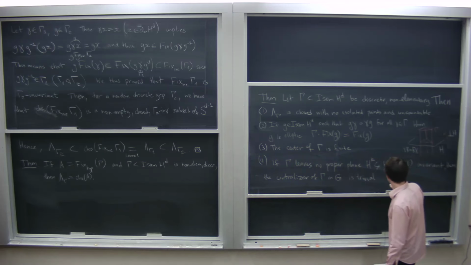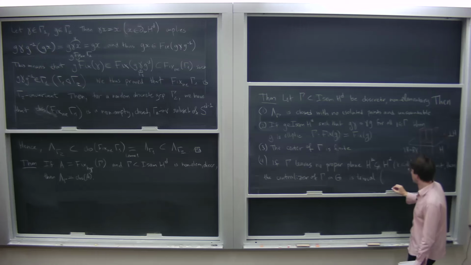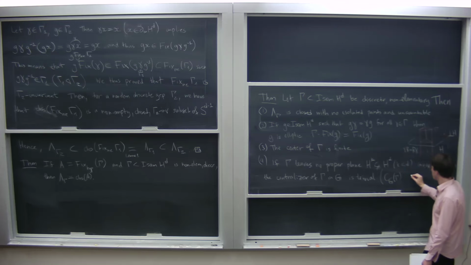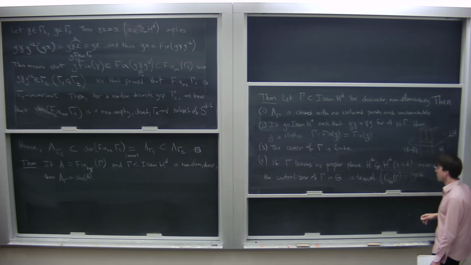I actually forgot a good notation. Probably I will write here C sub G of gamma, or sometimes it is denoted with Z. I don't remember. So it's the set of all elements in G that centralize gamma.